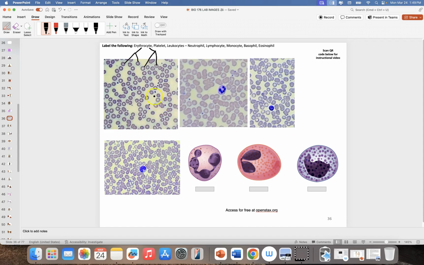And so we can go ahead and pick out a few here. There's one of the fragments. There's another one right there. There's one right there. So all of these little fragments, I'll join all of our arrows. Those are going to be our platelets.